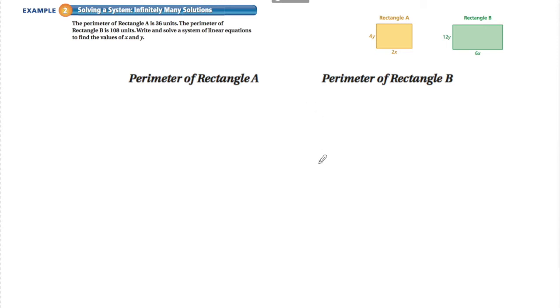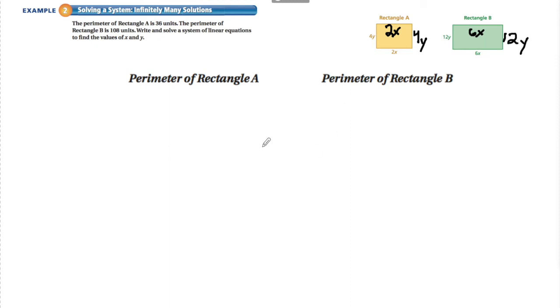So the first thing we have to do is write our system of equations. We know that two opposite sides of a rectangle are equal, right? So that side will be 2x, and this side will be equal to 4y. We know this side is also 6x, and this side is also 12y.